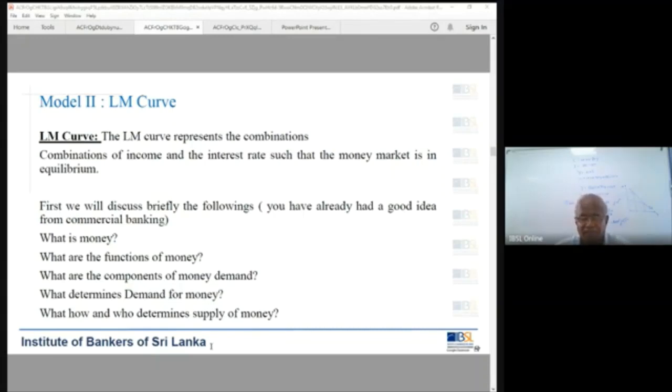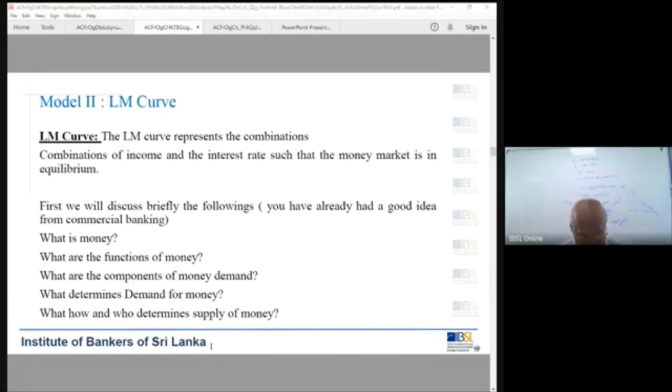Precautionary demand: whatever the interest rate, you don't care, you keep 100,000 with you. Your mother or father keeps only 50,000, 25,000 at the household, because in case of emergency, you need money. It doesn't matter whatever the interest rate.